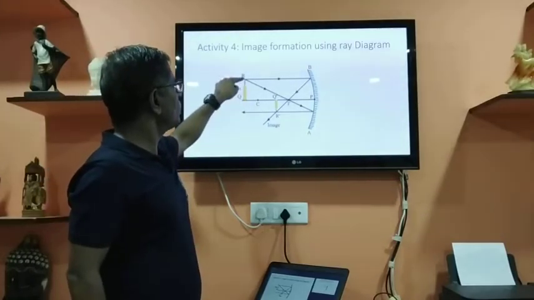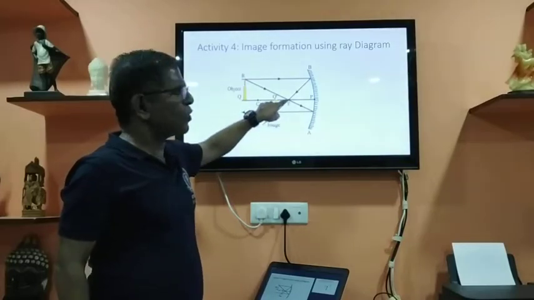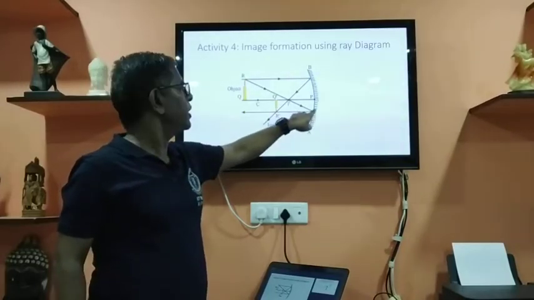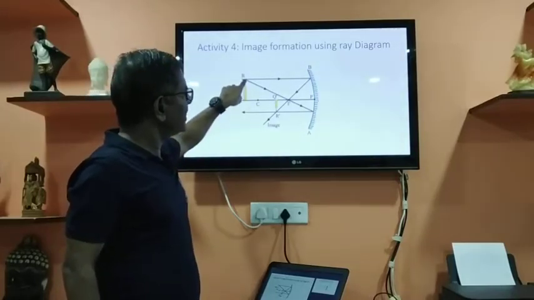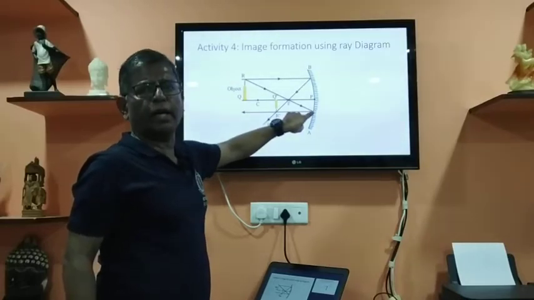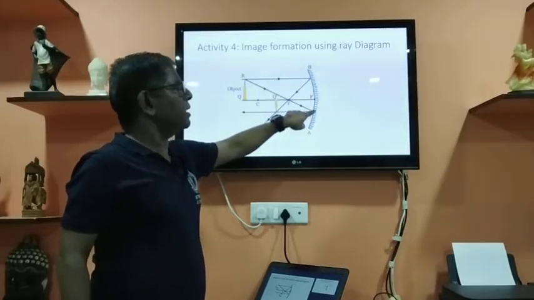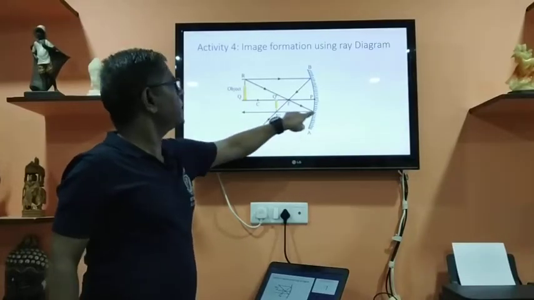Now you apply rule number 2, which says the ray passing through the focal point, after the reflection, will be parallel to the principal axis. So from R, join R and F, extend it, and it will meet the mirror. From this point, you draw a line parallel to the principal axis.